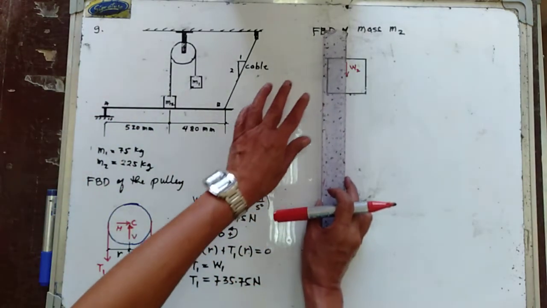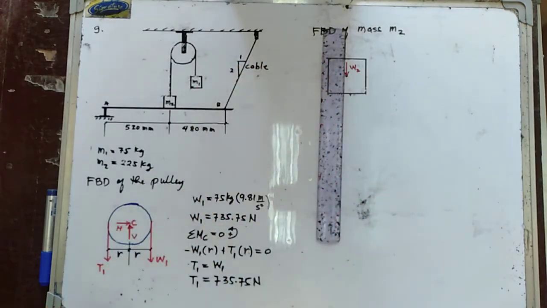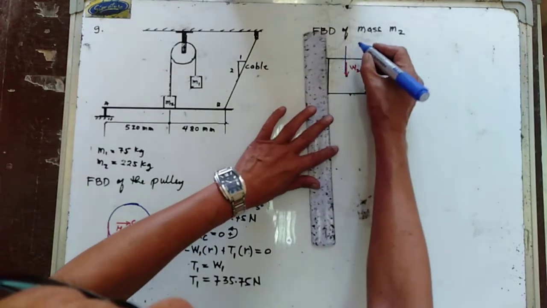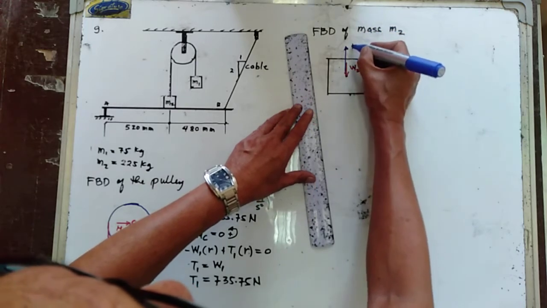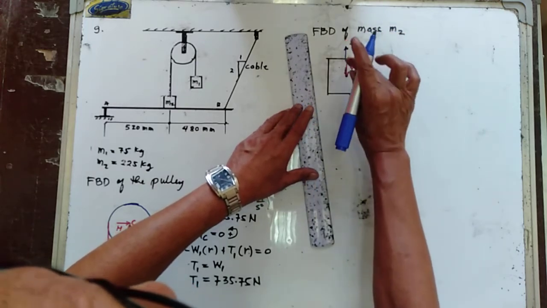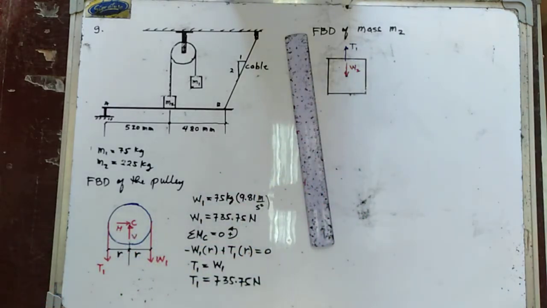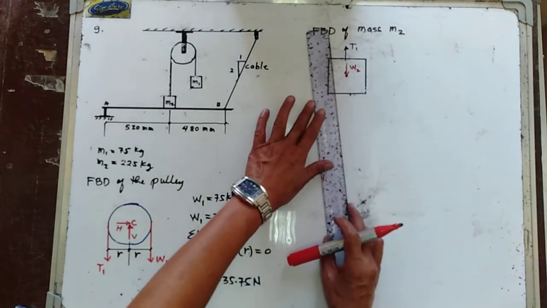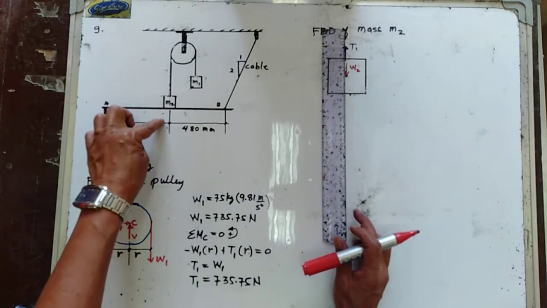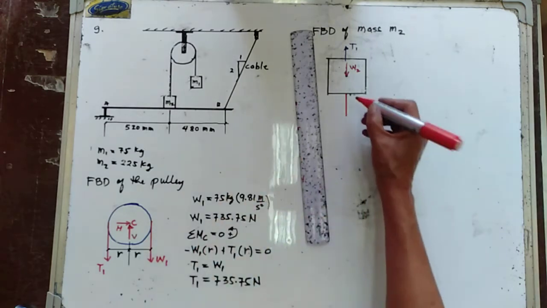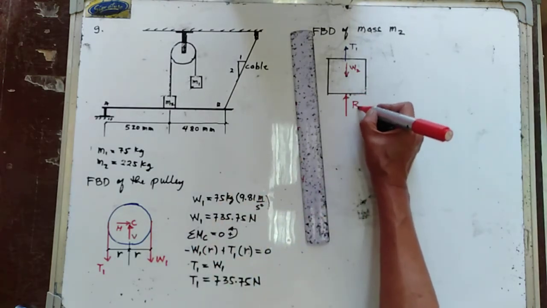So that is now your T1. So we have your W2, you have your T1, and we now have the normal reaction between M2 and the beam. So this is the normal reaction, which is equal to R.